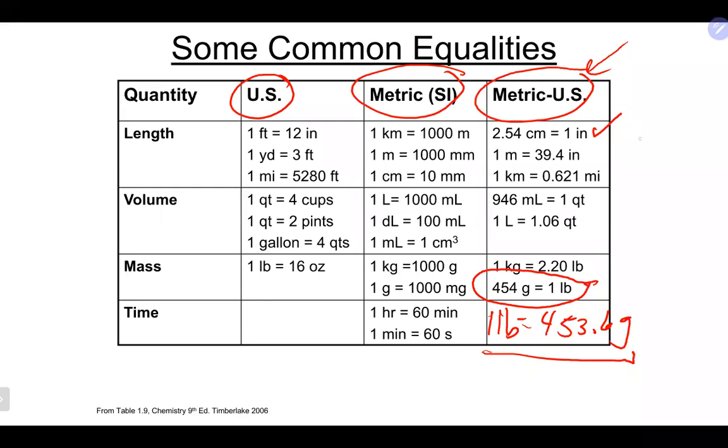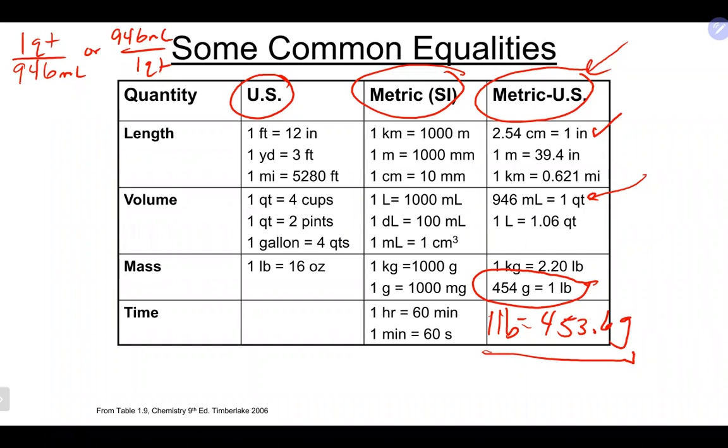But let's say, for example, we use an equality like 1 quart is 946 milliliters. You could write two conversion factors: 1 quart over 946 milliliters, or 946 milliliters over 1 quart. If you use either of those in an actual calculation, you should look at the significant figures in the conversion factor.